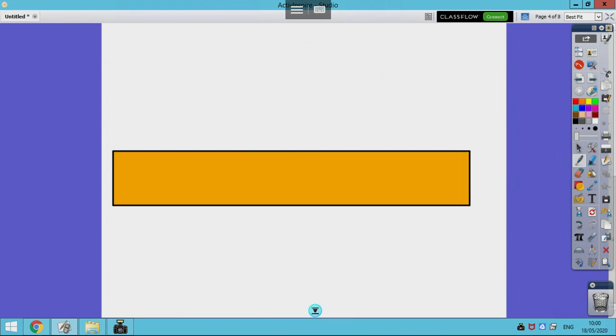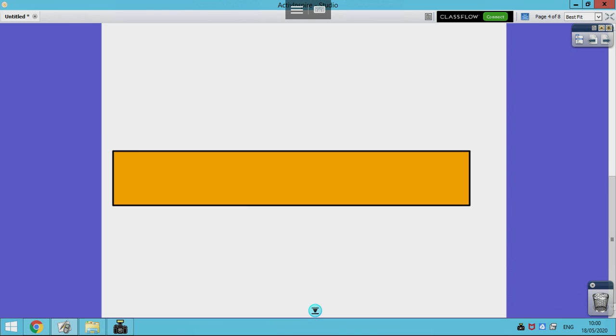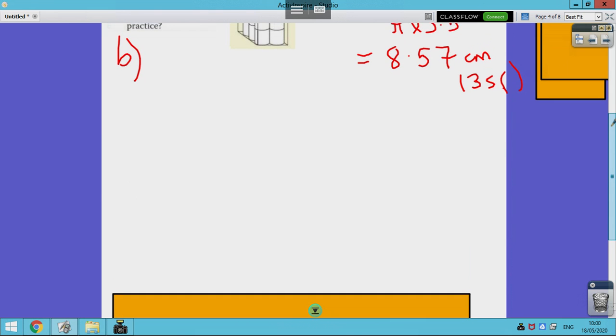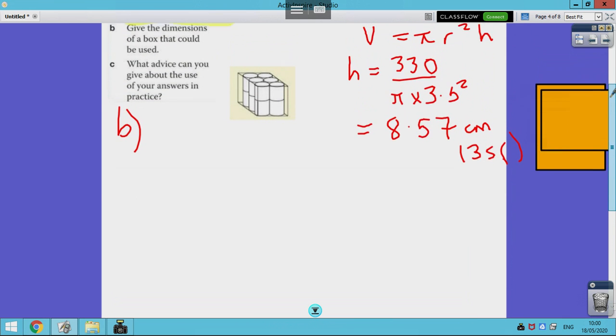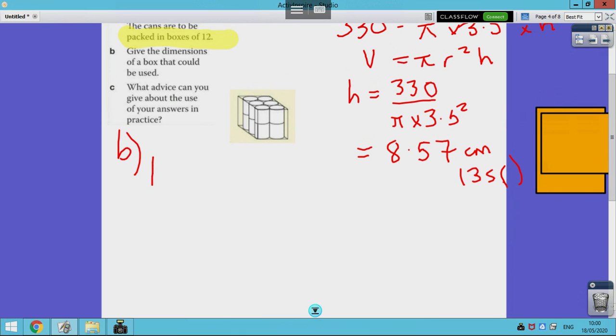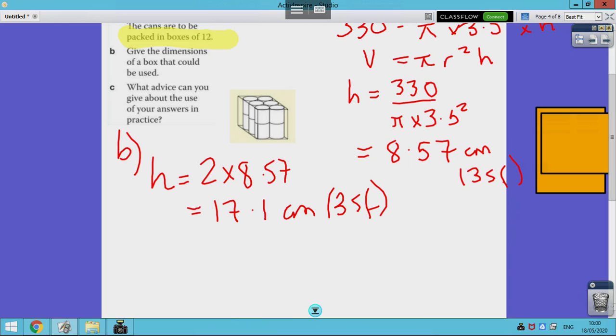The height would be 2 of the height that we've just found. So 2 times 8.57, which is 17.1 to 3 SF.